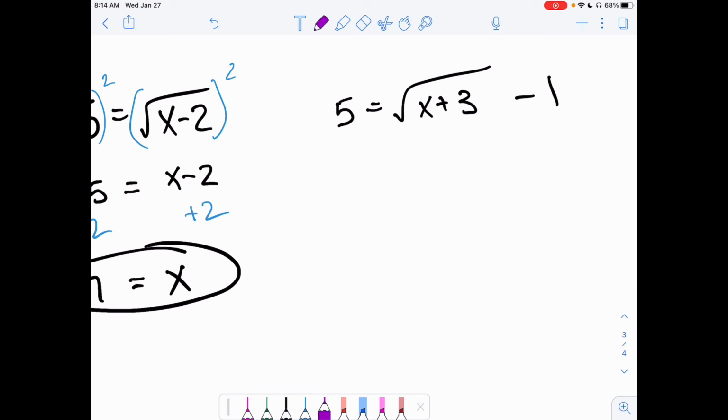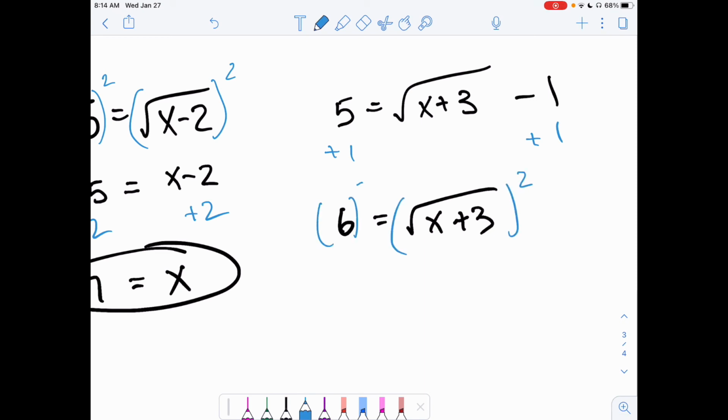So we're going to add 1 to both sides. We need to square both sides. That's how we get rid of the house, is by squaring both sides. And now we can subtract 3.